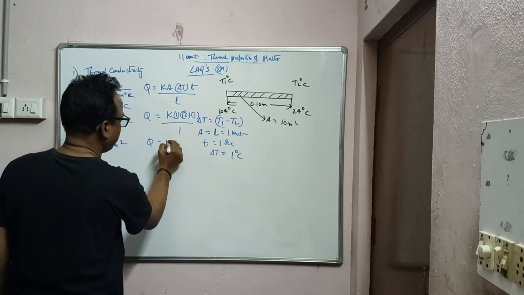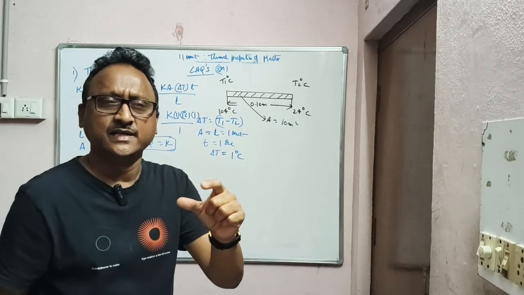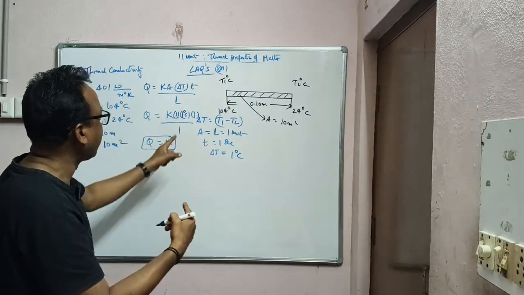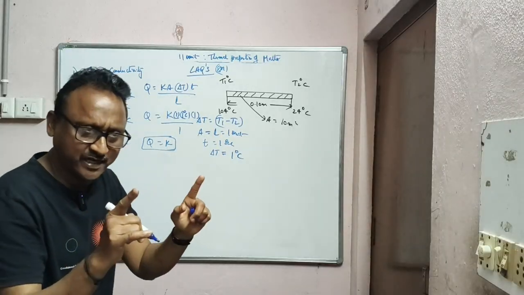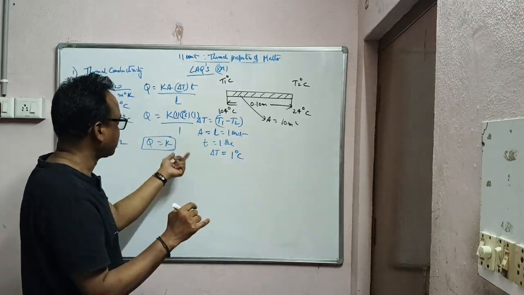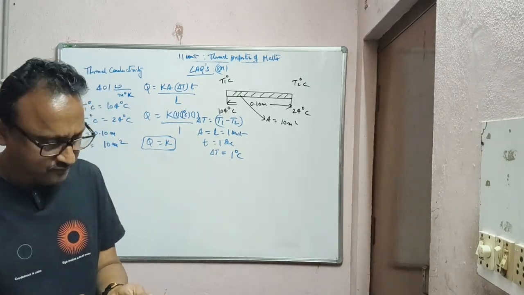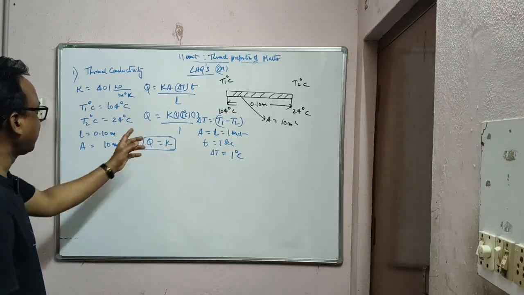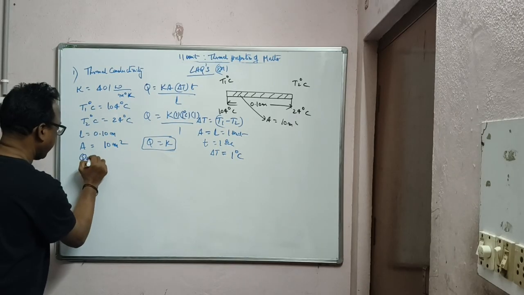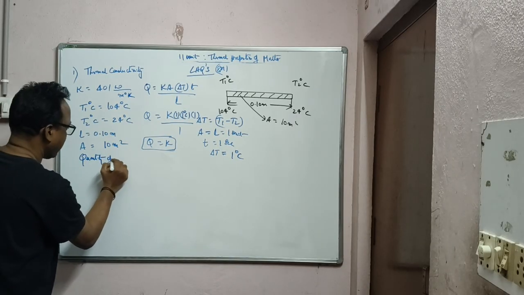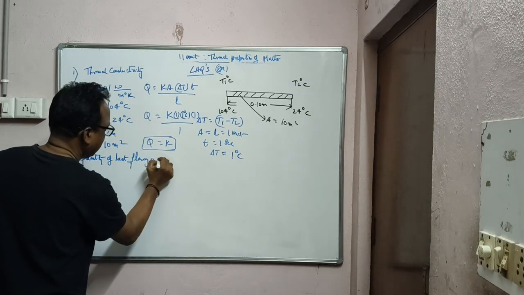Q is almost equal to K. So the coefficient of thermal conductivity is that quantity of heat flowing in a conductor when the area of cross section and length are each equal to 1 unit, and the temperature difference is 1 degree centigrade over a time of 1 second.